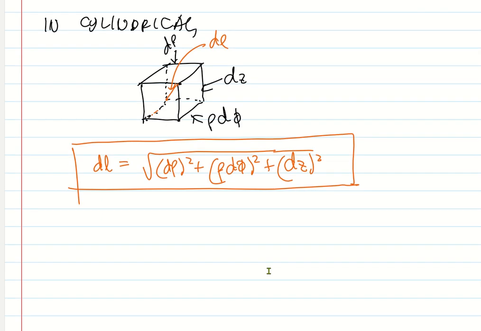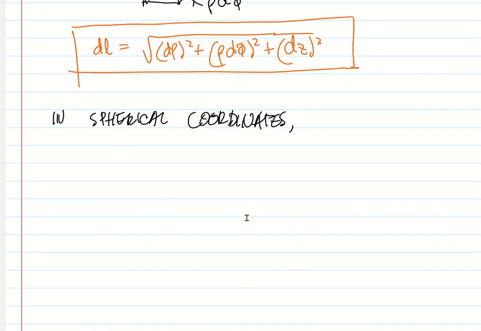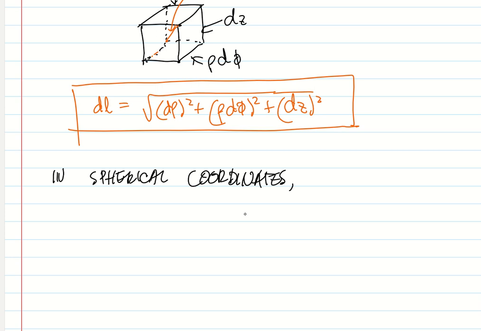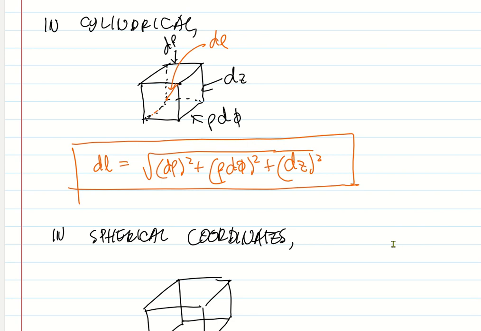And lastly, for spherical coordinates, the differential length, if we draw this rectangular prism again, then we have the sides of this rectangular prism.